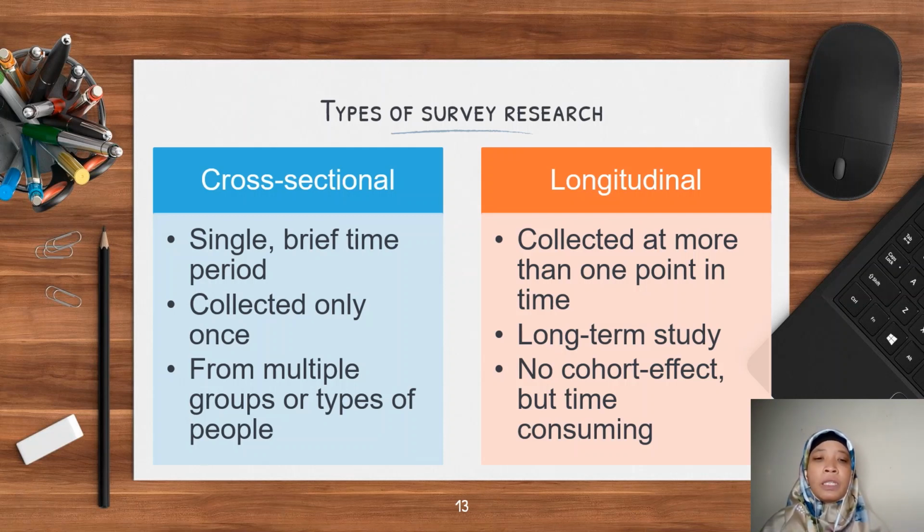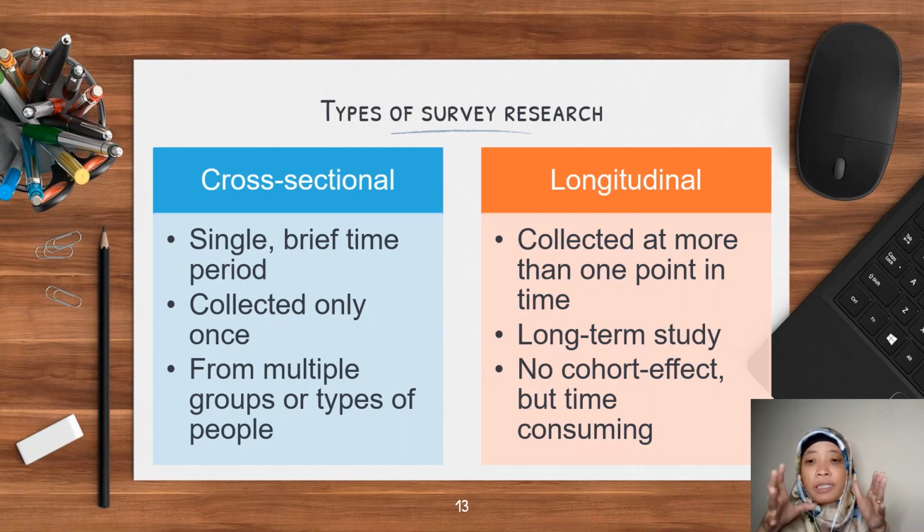So if the variable is internet use, the familiarity with the internet will affect the data if you compare the millennial generation with the previous generation, for example. For the longitudinal, there's no cohort effect because you're just following the same group of participants.